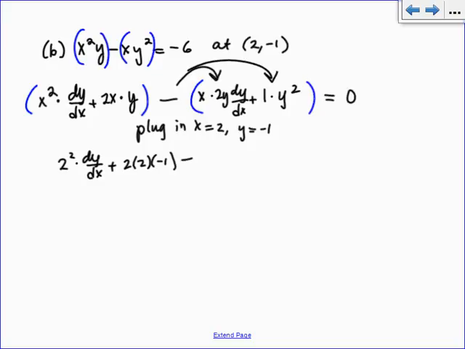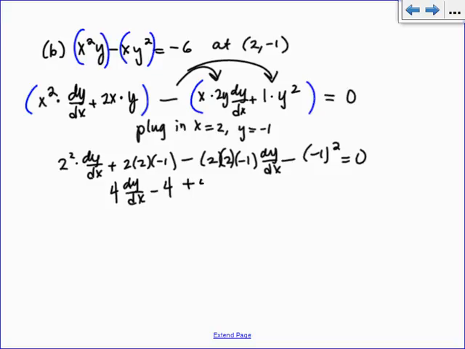So I'm going to have -2 times 2 times -1 dy over dx, negative, so minus, -1 squared equals 0. So I get 4 dy over dx minus 4 plus 4 dy over dx minus 1 equals 0.